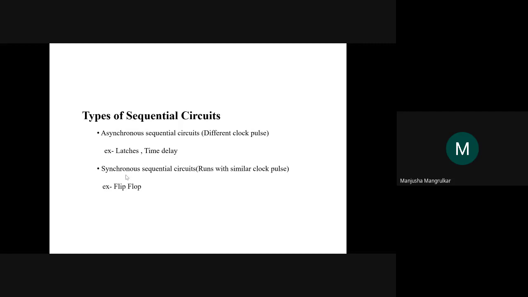So it is a synchronous sequential circuit. It works with the same clock frequency or same clock pulse. The example is the flip-flop, right? So latches are asynchronous sequential circuits and flip-flops are synchronous sequential circuits, right?